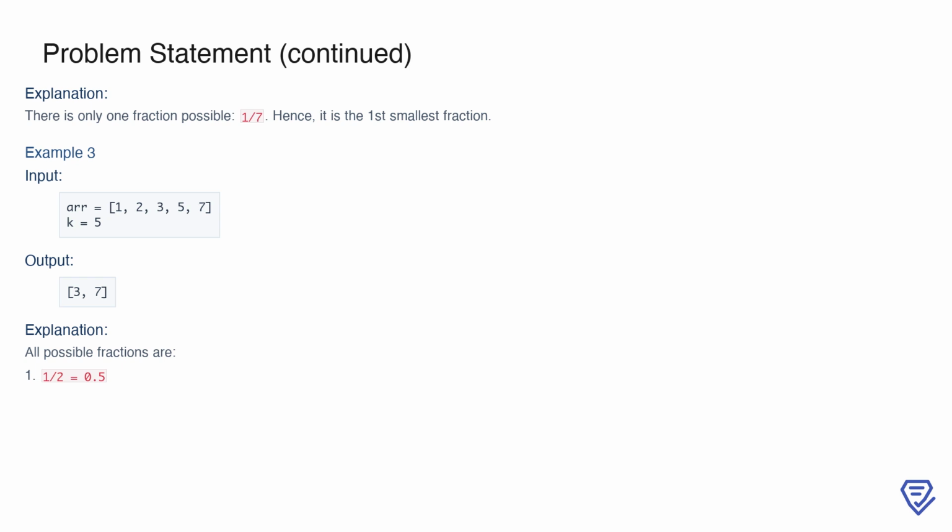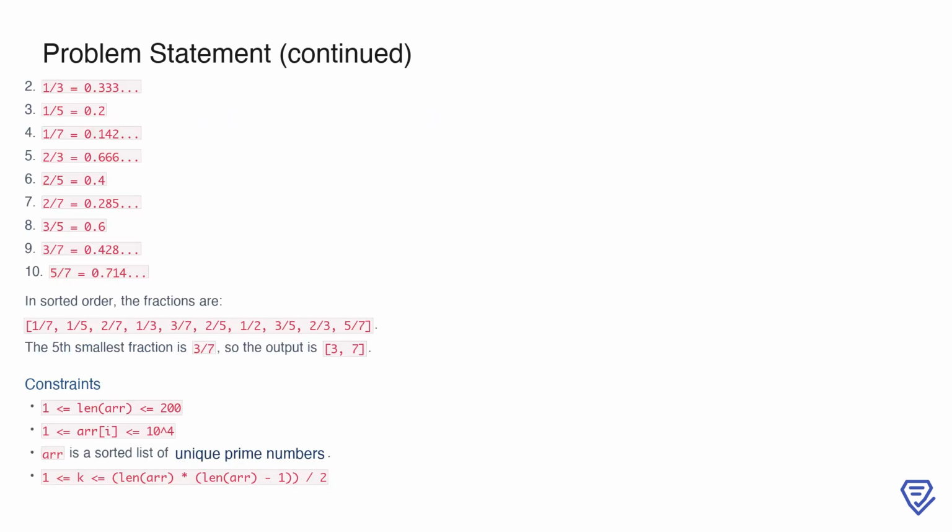Let's consider another example with a larger array to see how multiple fractions are compared and sorted. For the input ARR equals 1, 2, 3, 5, 7, and k equals 5, we first calculate all possible fractions. These include 1/2, 1/3, 1/5, 1/7, 2/3, 2/5, 2/7, 3/5, 3/7, and 5/7.